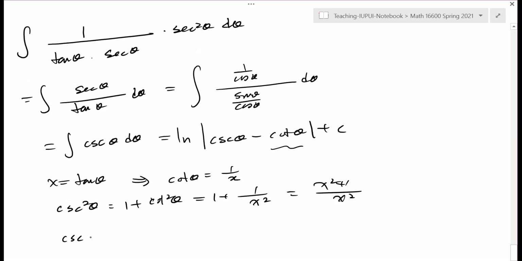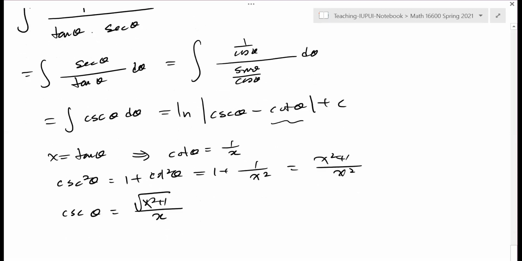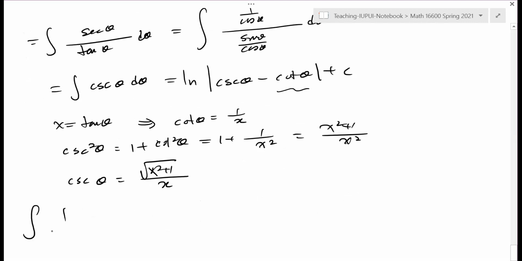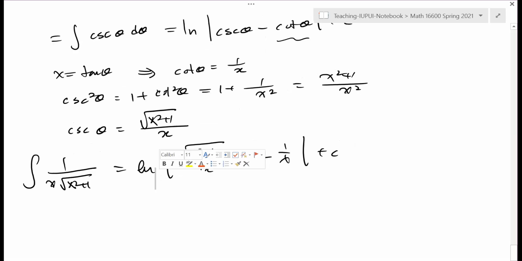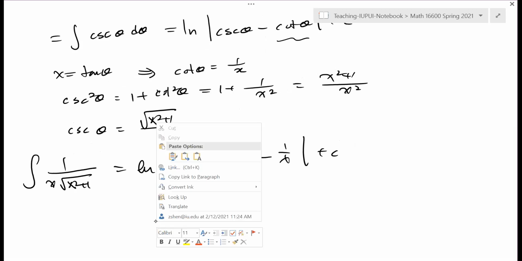So cosecant theta should be square root of x squared plus 1 over x. It could be plus or minus, but the sign matches theta and x. So you plug them into the expression, and this will be square root of x squared plus 1 over x, minus 1 over x, plus a constant. So we get the same answer using a different approach. The expression is slightly different, but it's essentially the same.